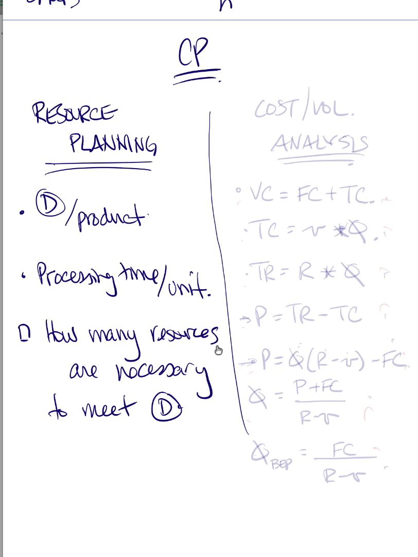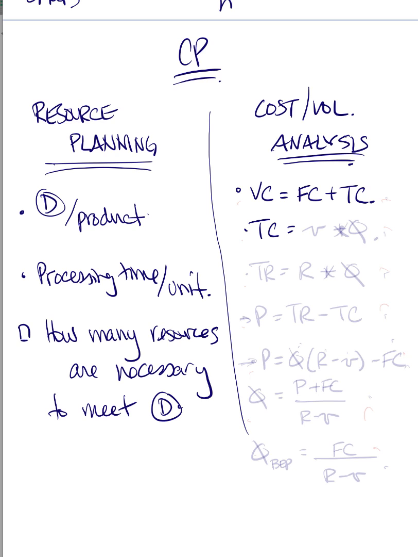And the second type of questions that you can expect to see are related to the cost-volume analysis. With these types of problems, it's really about knowing which one of the formulas that we've talked about in class to use to answer the questions. The big ones are: total cost equals fixed cost plus total variable cost.